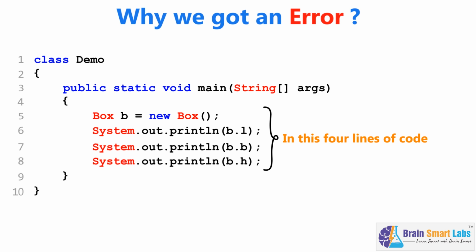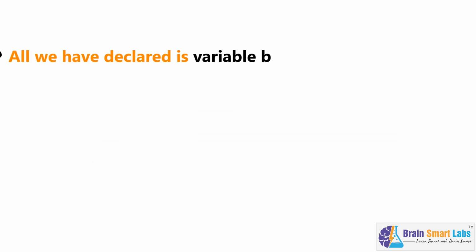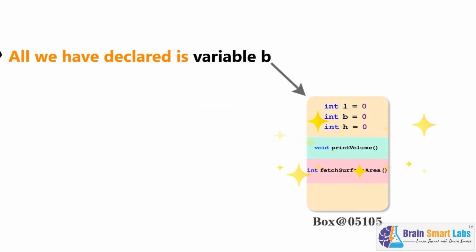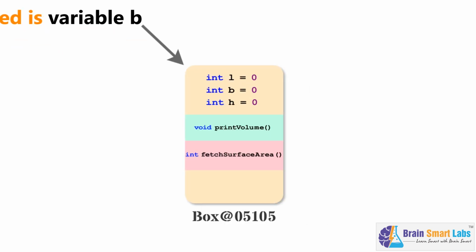Here in these 4 lines of code, we have neither declared variable L, nor variable B, nor variable H. All we have declared here is variable b, which in turn holds the reference for the Box object through which we can access its members by saying b.l, b.b and b.h. As the variables L, B and H are not declared inside the main method, you cannot use L, B, H inside this scope directly. The only way you can access the same inside main is through a Box variable b, which holds the link to our Box object.